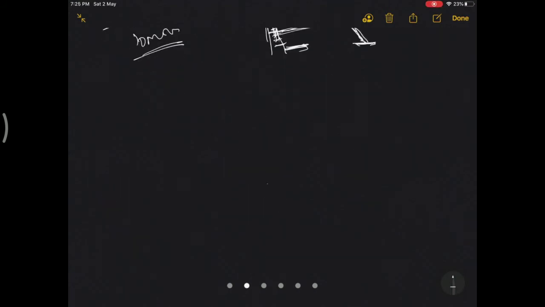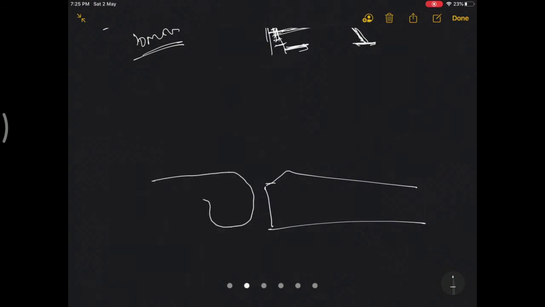Okay, you have something like this. You have a proximal tibial cut, and then you have a distal femur.